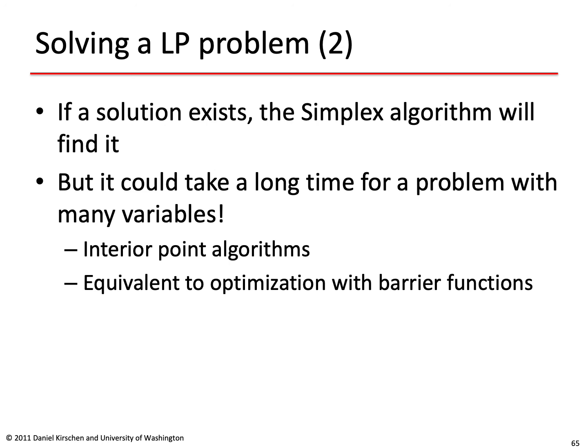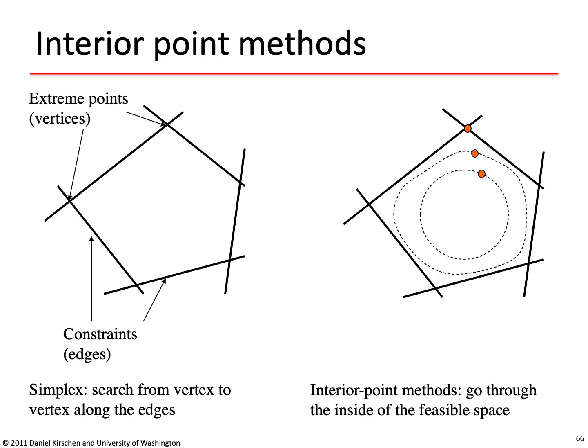And a few years ago, people came up with the idea of interior point algorithms, which instead of making their way around slowly the outside of the feasible set, were actually going through the inside of the feasible set. And this has led to the interior point algorithms, which were then shown later to be equivalent to optimization with barrier functions. These little diagrams are intended to illustrate the interior point method.